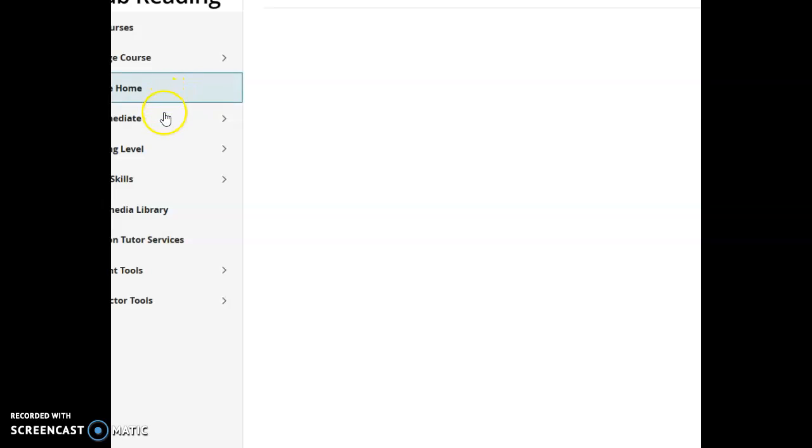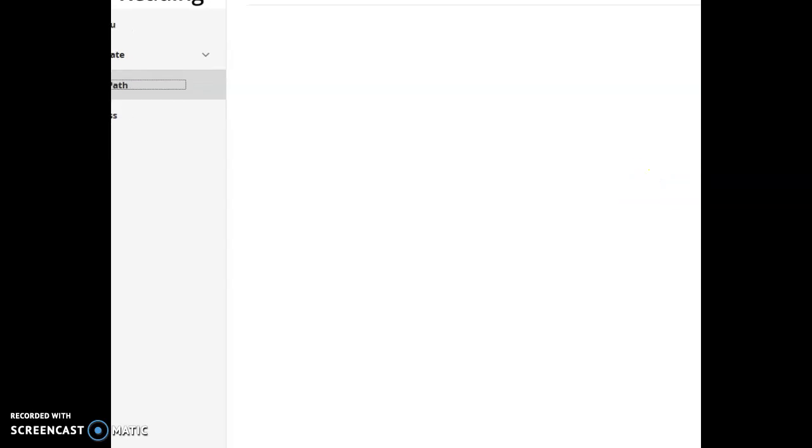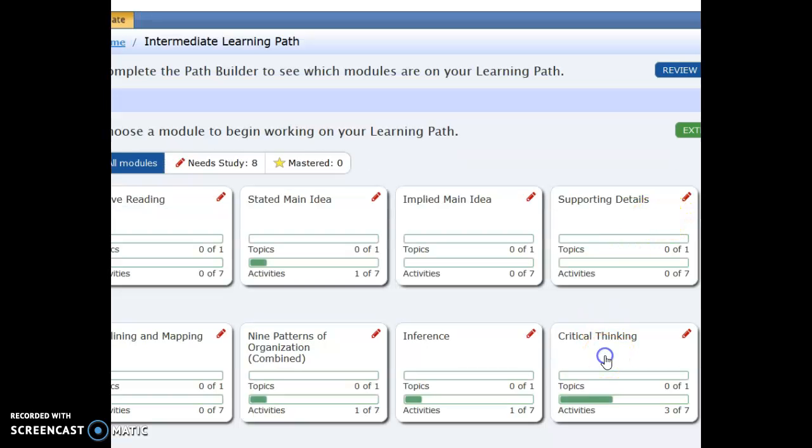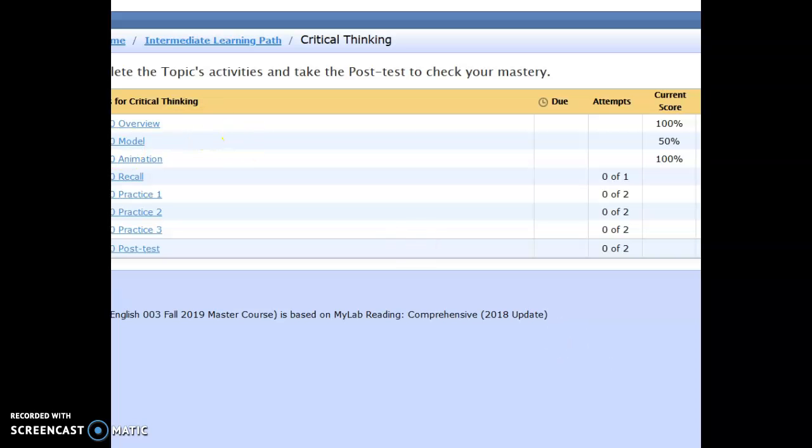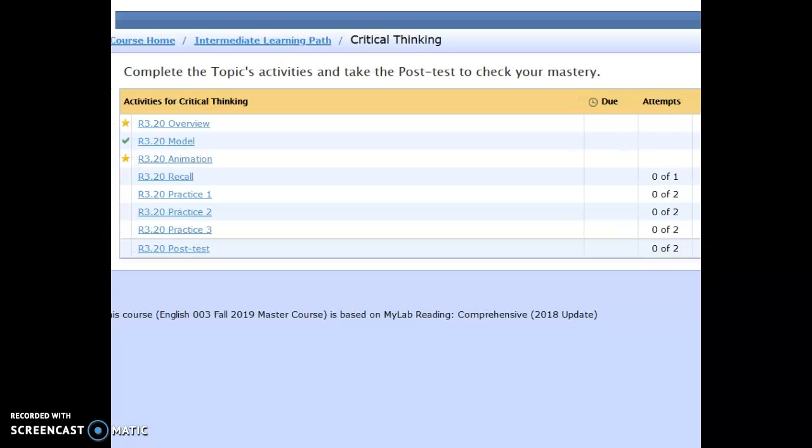And we're going to go to the learning path. And once the learning path comes up, I'll just give it a second. We're going to click on critical thinking. Okay. From the critical thinking, you are going to do the overview.